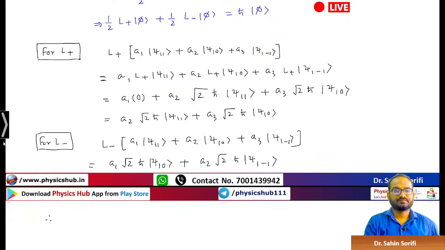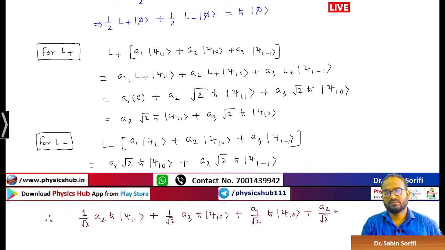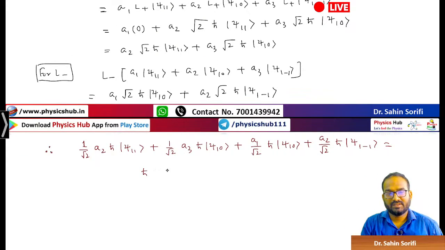Therefore, half, so it becomes 1 upon root 2 times a2 h cut psi 1 1 plus 1 upon root 2 a3 h cut psi 1 0 plus here also half, so a1 by root 2 h cut psi 1 0, this is a2 by root 2 h cut psi 1 minus 1, and this is equals to h bar phi, h bar, and what was phi?